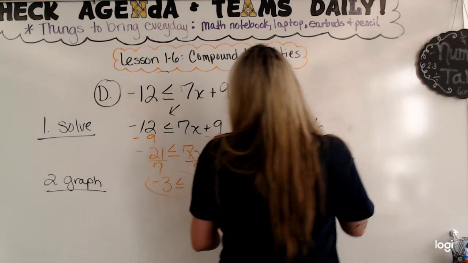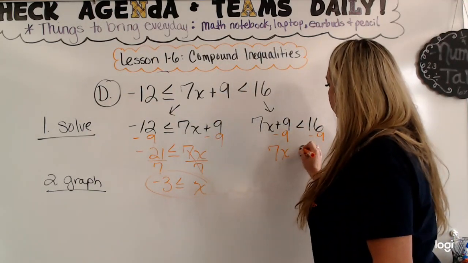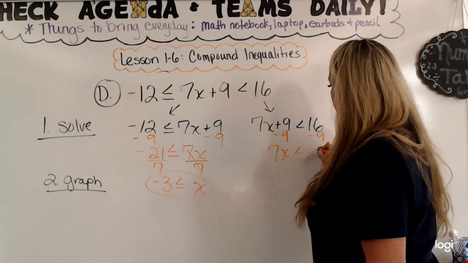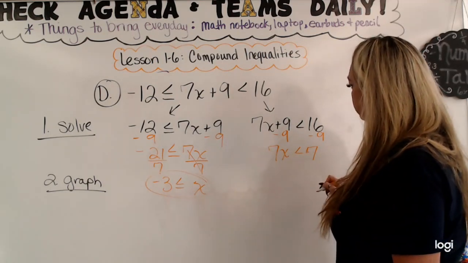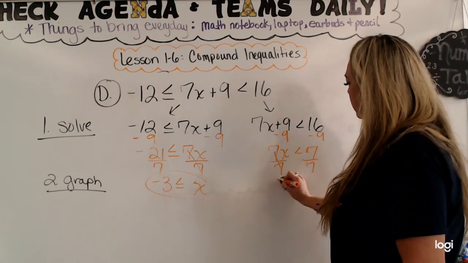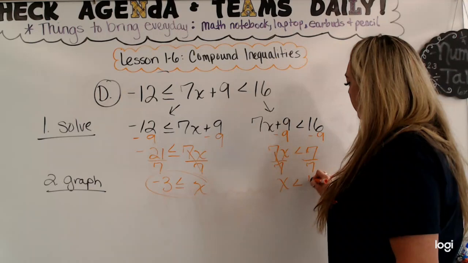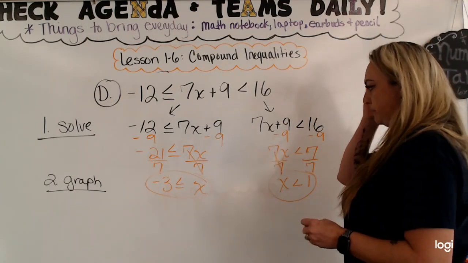Okay, over here, subtract 9 on both sides. 7x is less than, let's just do positive 7. Okay, divide. X is less than 1. Again, didn't have to divide by a negative, so we keep the symbol the same.